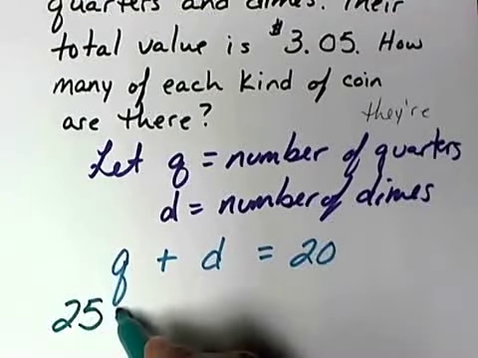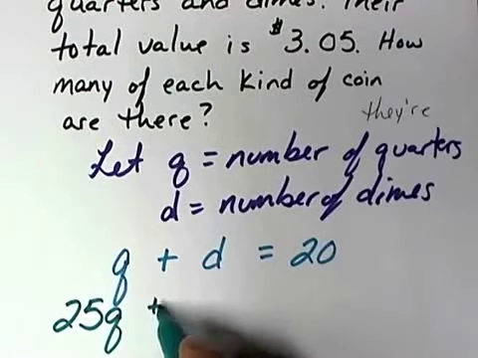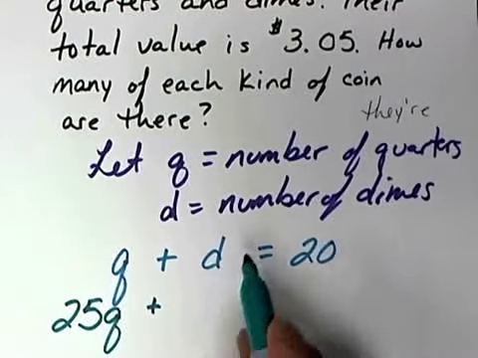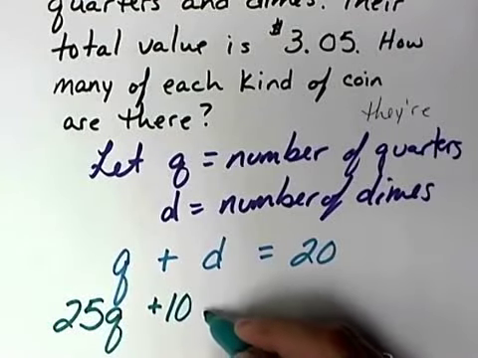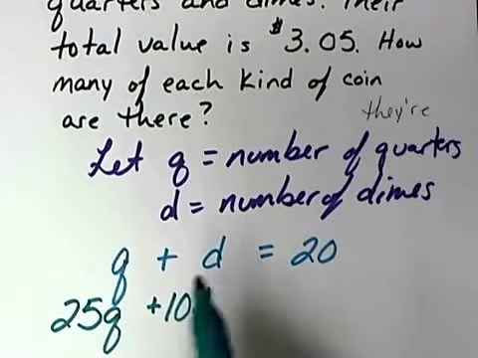So 25 cents times Q would give me the number of cents that I earned from my quarters. If I do cents there, I have to do cents for my dimes. Dimes are 10 cents. So I take 10 times the number of dimes I have. That's going to give me the value in cents for my dimes.